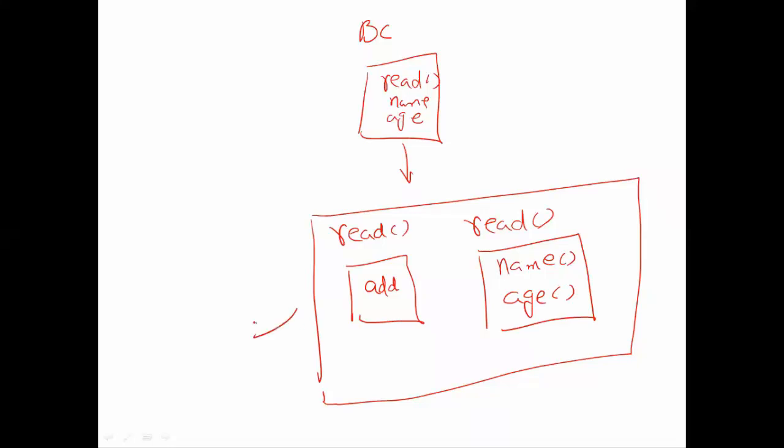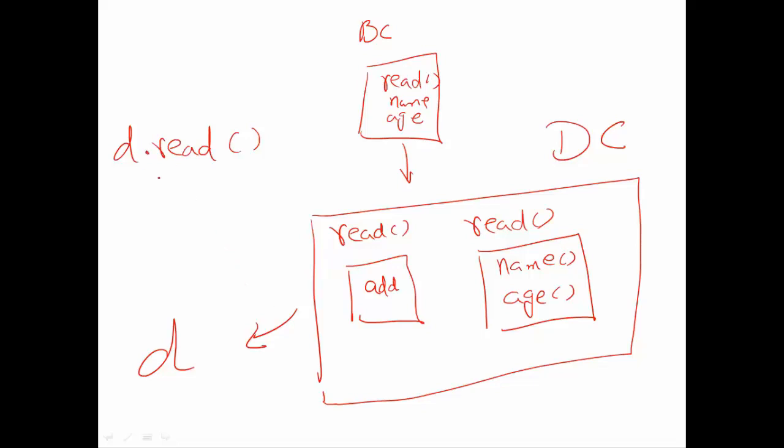Now what I'm doing in my program is I'm creating an object of this class D. This is my derived class. I've created this object D, and now when I write D.read, observe what has happened. My derived class now has two read methods with the same name. This is overriding.